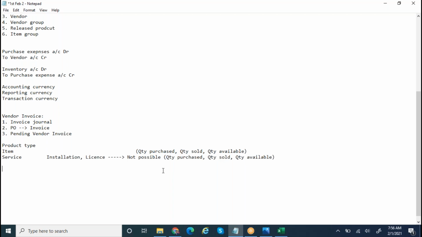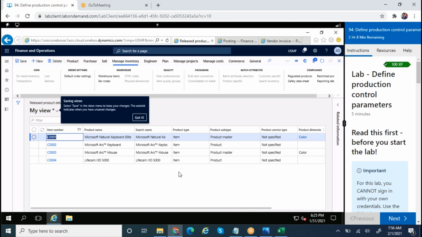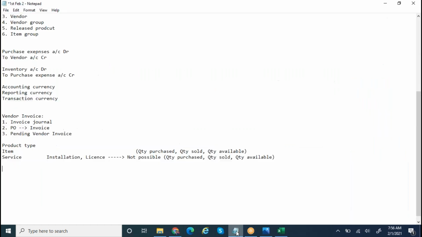That cleaning cloth should not show in my on-hand inventory. In my on-hand inventory, I see how many purchased, how many sold, how many available quantity. If I am counting, how many cloths are available and at what price, it is not an inventory, it is an expenditure. Agree with me?